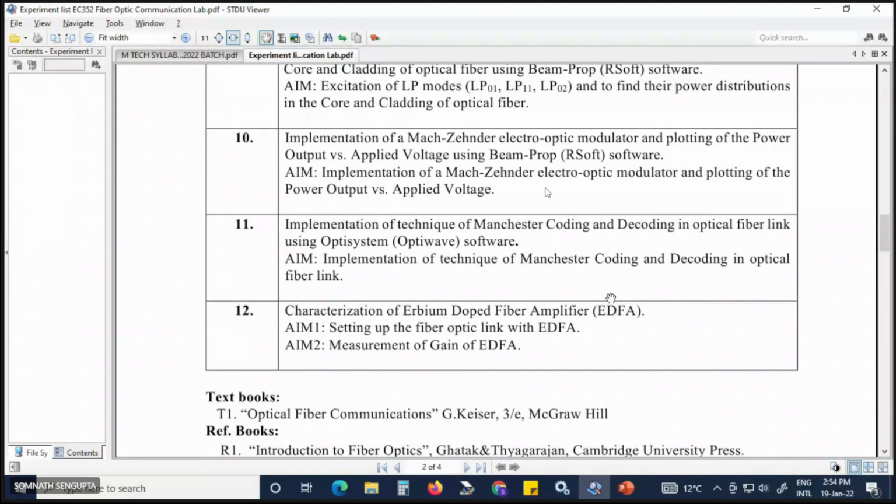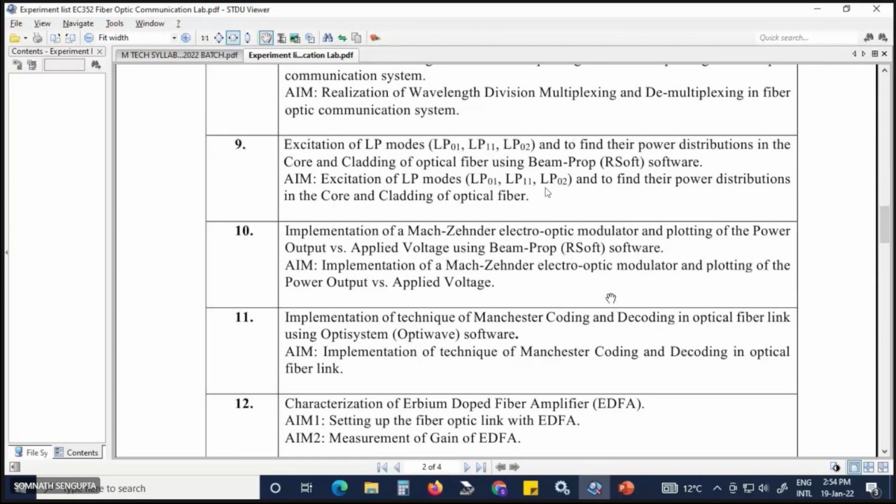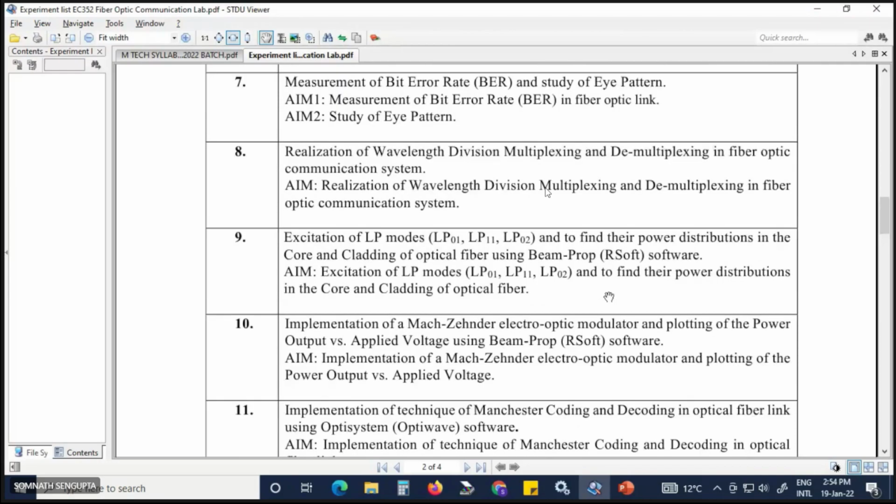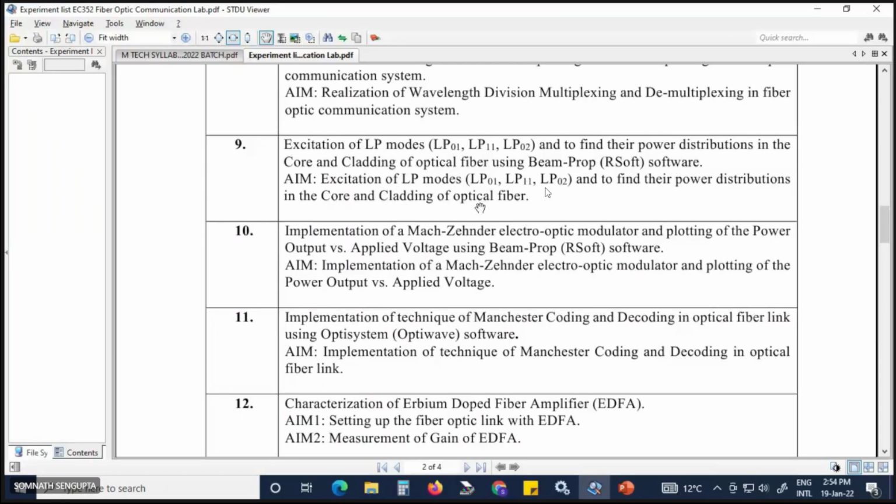So there are a total of 12 experiments, out of which 8 experiments are based on hardware kits, and the last 4 experiments are based on software. These softwares are only available in the lab.